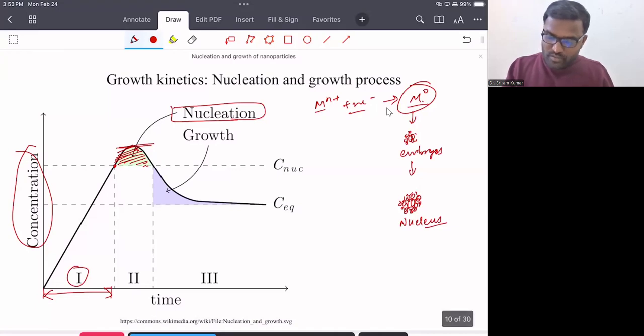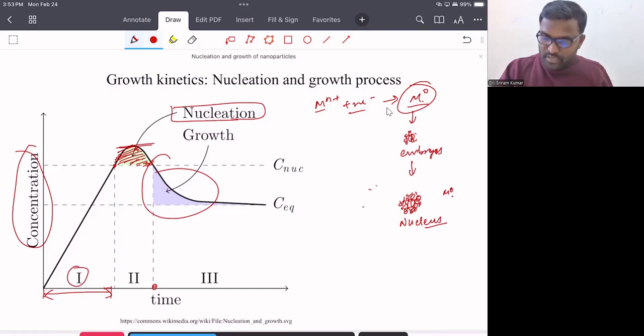Once we have the nucleus at this particular concentration and this particular time, then we will get the growth phase, where we have particles, M0, M0, M0 kind of things. They will come together, maybe by the coagulation process or the condensation process, and then growth happens there.